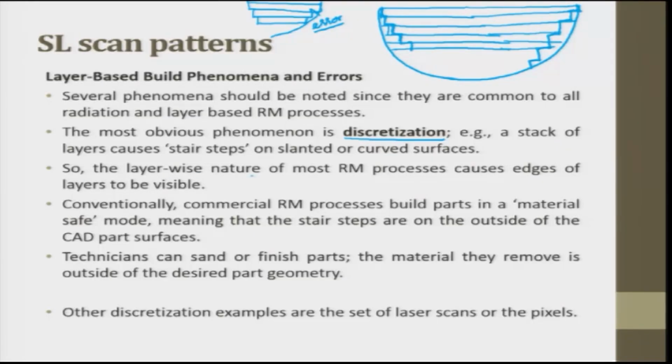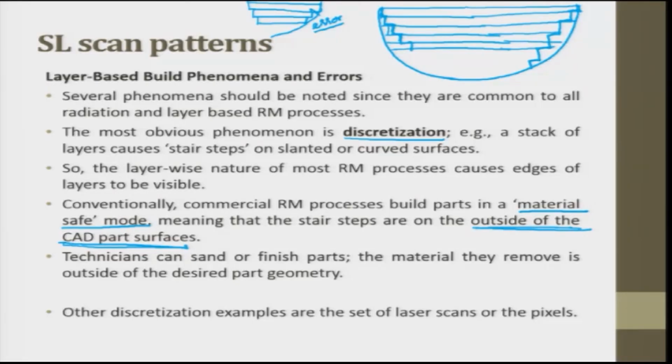The layer-wise nature of most RM processes causes the edges of layers to be visible. Conventionally, commercial RM processes build parts in a material safe mode, which means that the staircase effects are on the outer side of the CAD part surface. Please note this down: material safe mode.